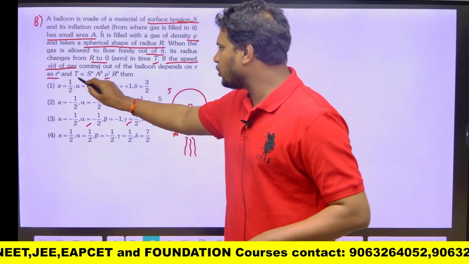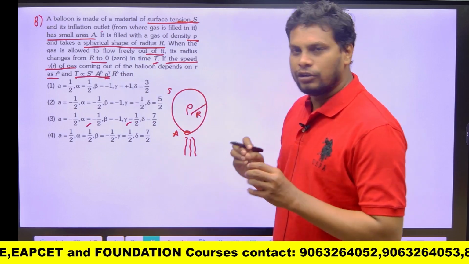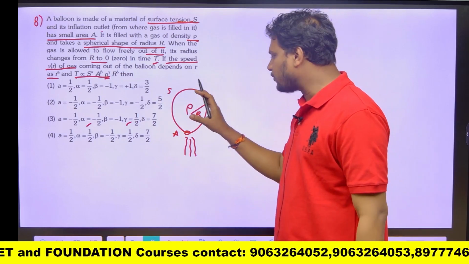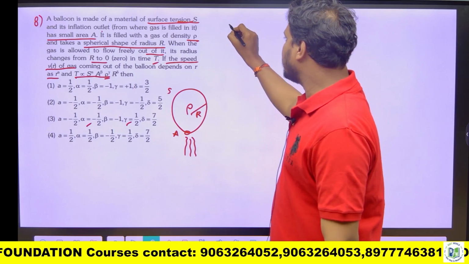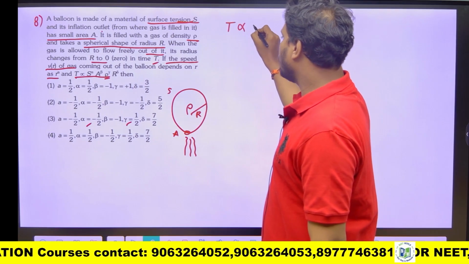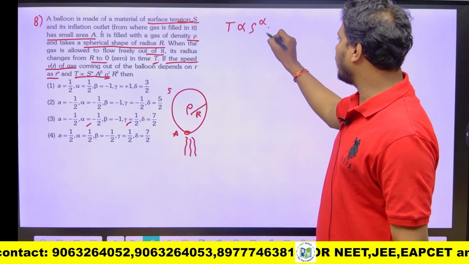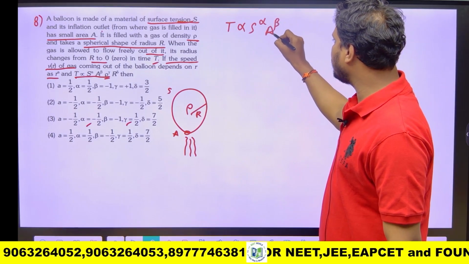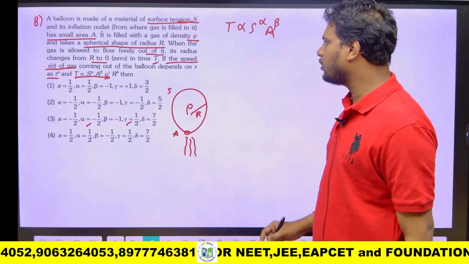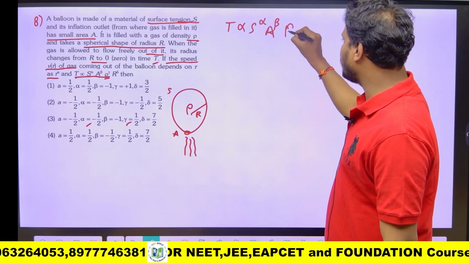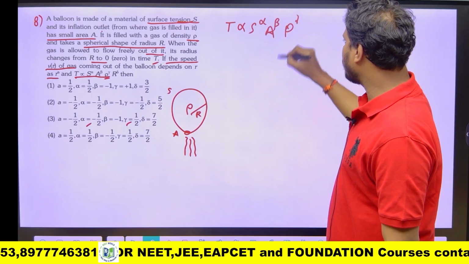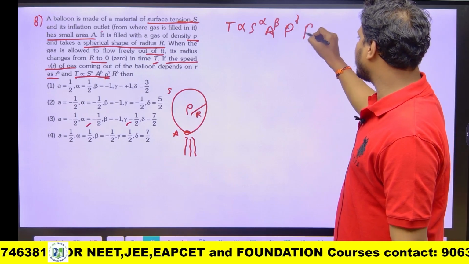The time taken for the gas to escape completely out of the balloon is proportional to S to the power alpha, where S is surface tension, and A power beta, where A is the area of this outlet, and rho is the density of gas inside it, power gamma, and R is the radius of the balloon, power delta.